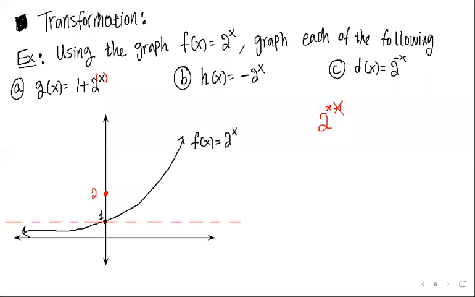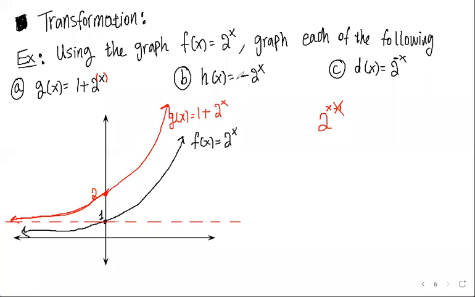So my new function graph on this side will be close to this line, and then we go up like that. The graph will be something like this. This is my function g of x equals 1 plus 2 to the x.